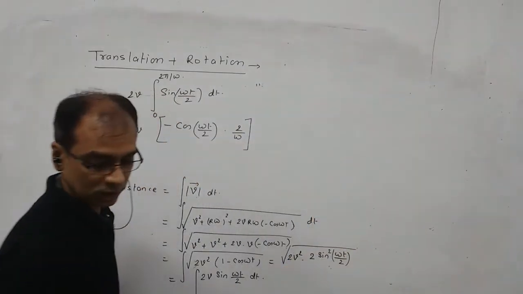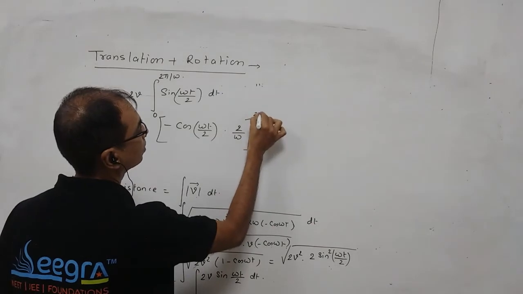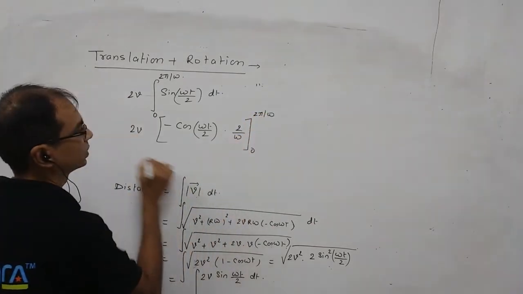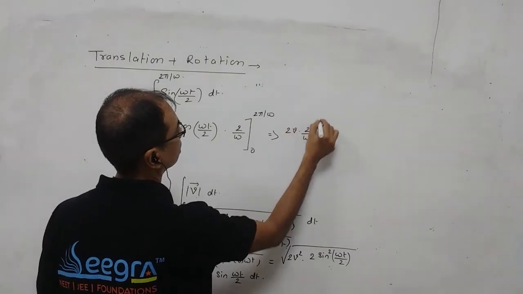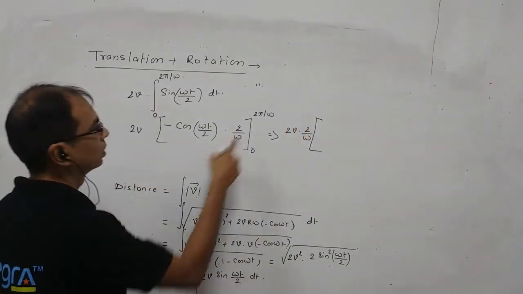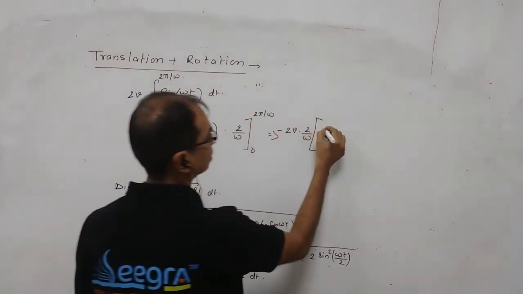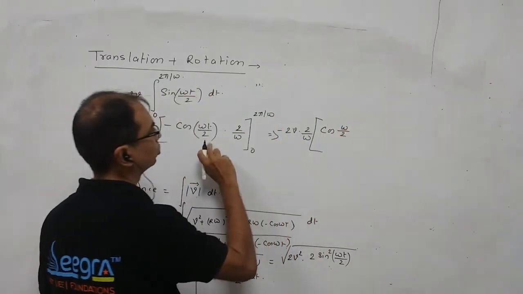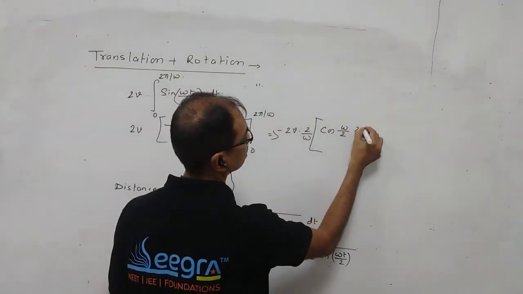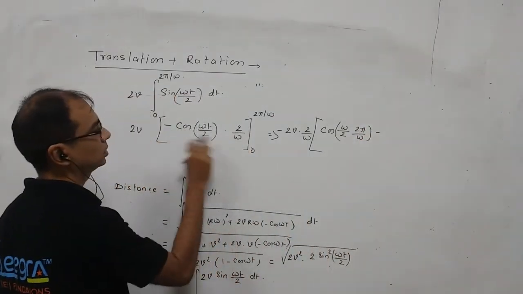And here the limits are 0 to 2 pi by omega. So this constant 2V, 2 by omega, you take out first. Now this minus also you take out. Now cos of omega by 2 into 2 pi by omega, minus cos 0.